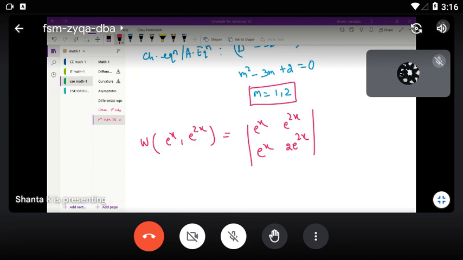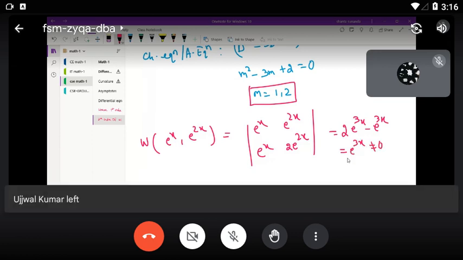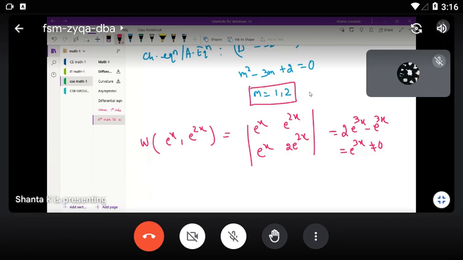It is e power 3x, which is not equal to 0 anywhere in the interval. So you can say these two solutions are linearly independent.